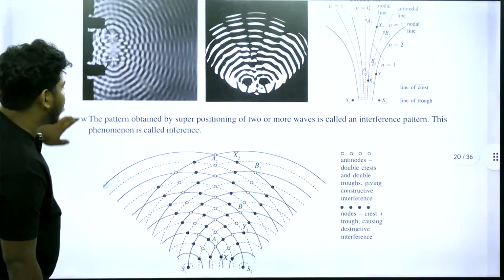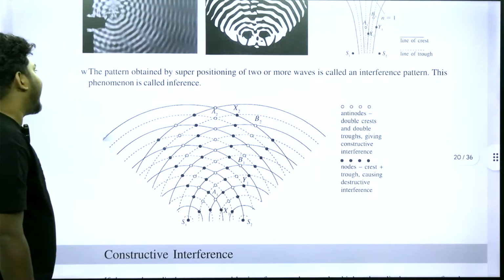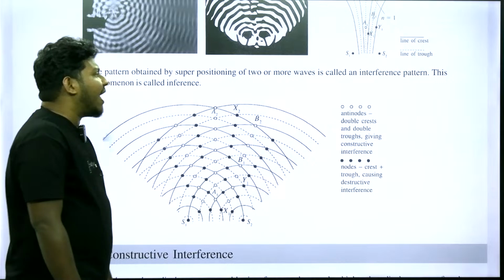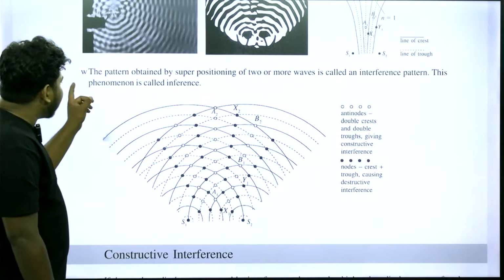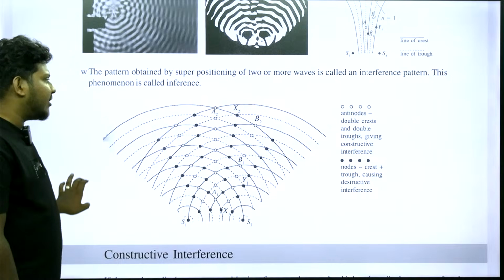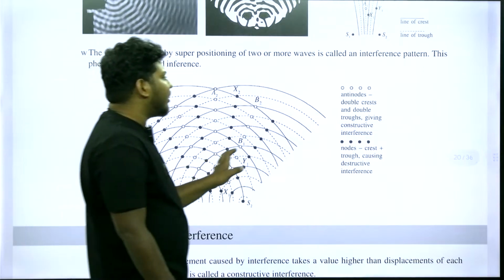Look at this one. The pattern obtained by the superposition of two or more waves is called an interference pattern. This phenomenon is called interference.